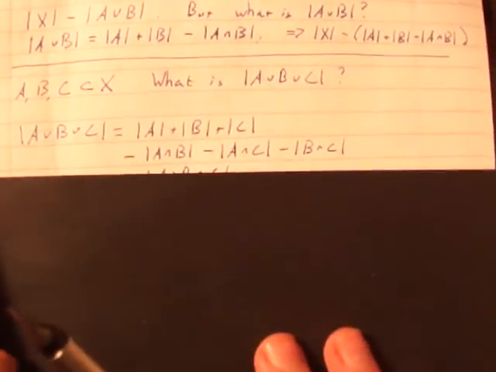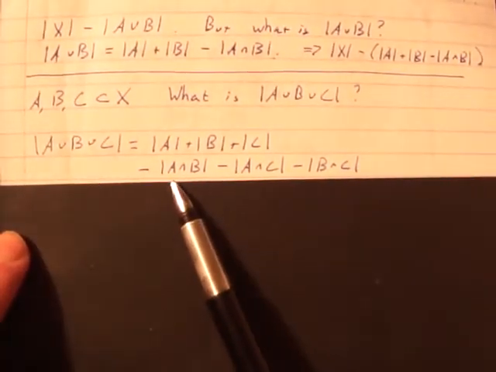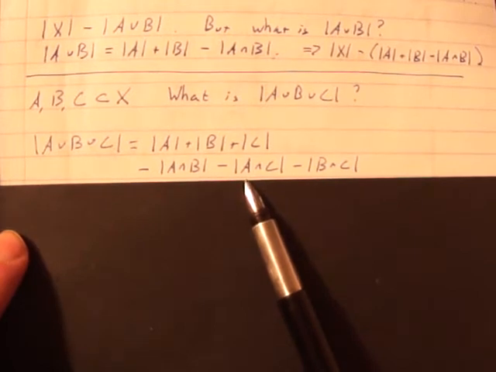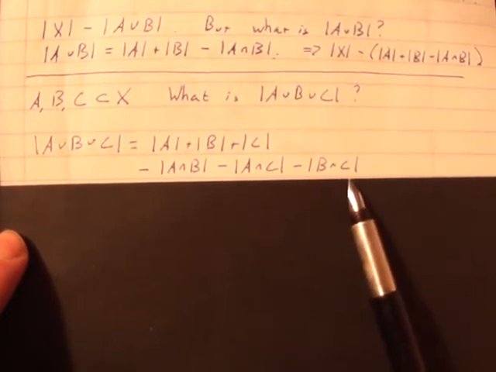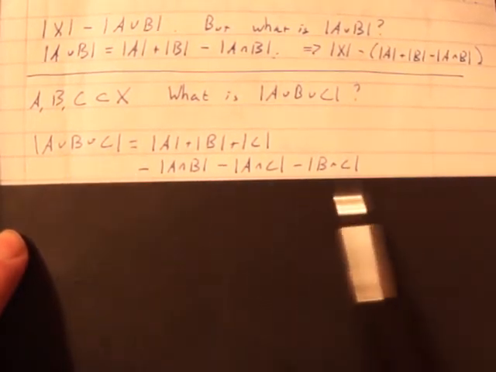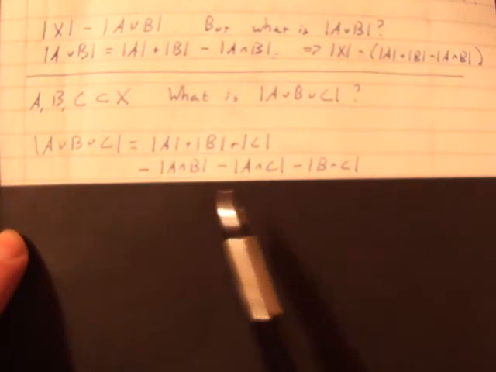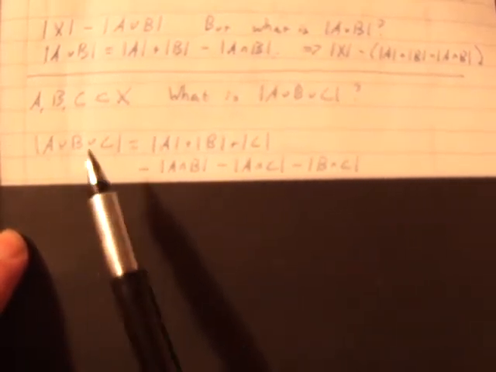So we have to subtract everything that's in the intersection of A and B, and then everything in the intersection of A and C, and then everything in the intersection of B and C, because we counted all of those elements more than once. It's just the same argument as up here.